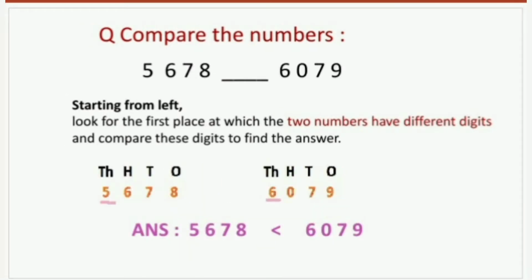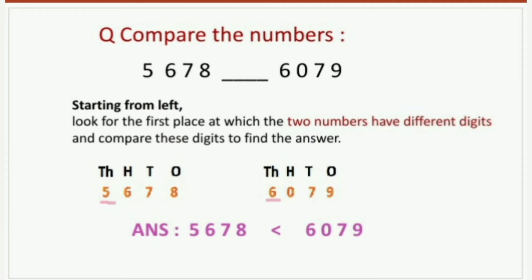Now come to this question. You can see the numbers to be compared are 5678 and 6079. Starting from left, you have to look for the first place at which the two numbers have different digits. Okay, so once you have written the places, that is ones, tens, hundreds and thousands, and you start comparing the thousands digit, you have the digits 5 and 6.